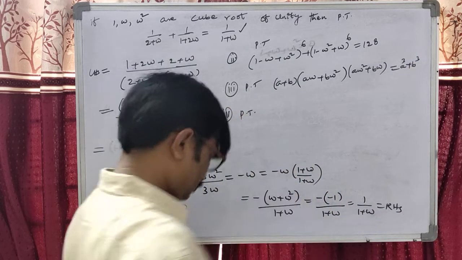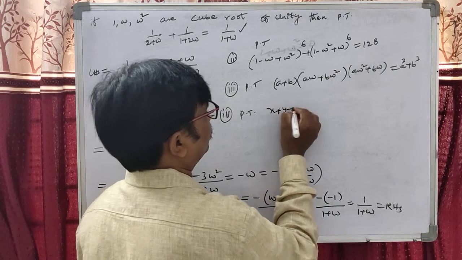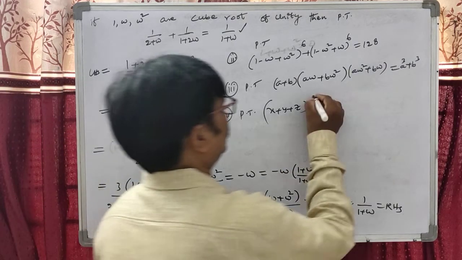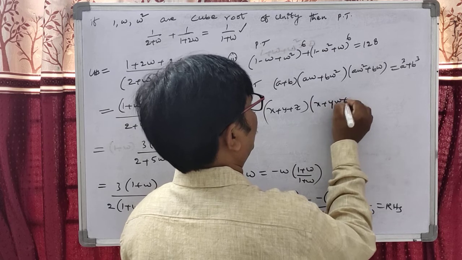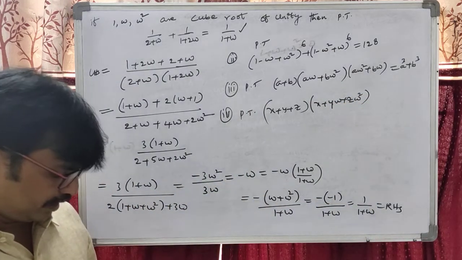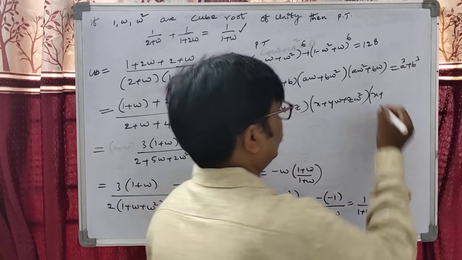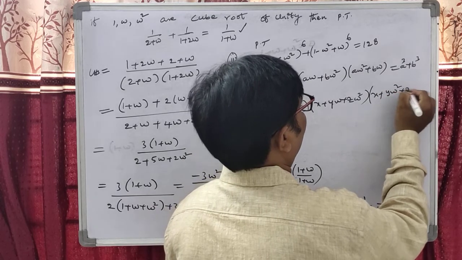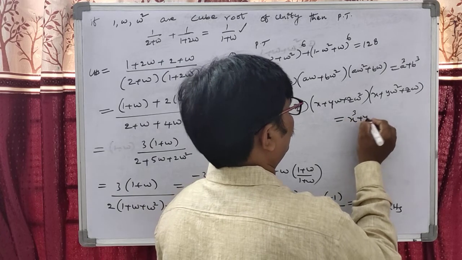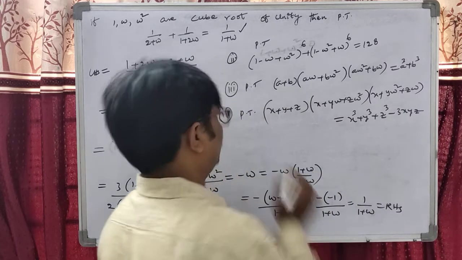Now the fourth one, students: prove that (x + y + z)(x + yω + zω²)(x + yω² + zω) = x³ + y³ + z³ − 3xyz.